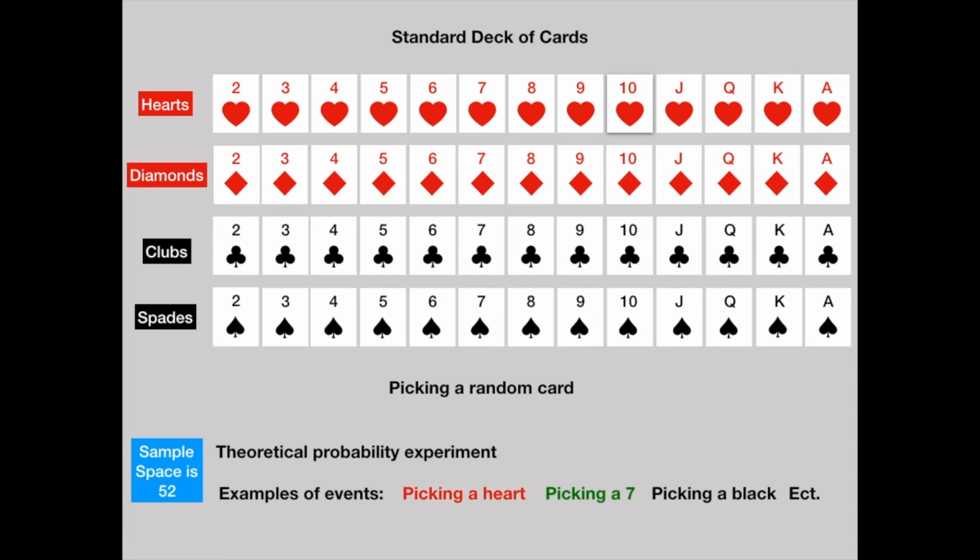If you pick a random card from a standard deck of cards, it is a theoretical probability experiment. The sample space of this experiment is 52 because there are 52 cards. Examples of events of this experiment could be picking a heart, picking a 7, or picking a black card, etc.